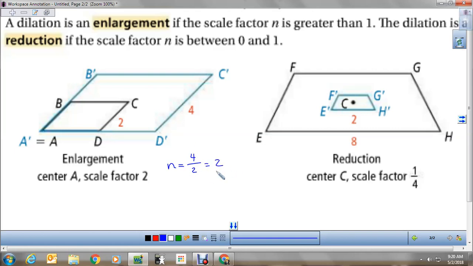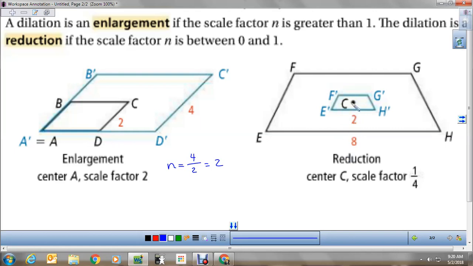This is an enlargement, and we've increased it by 2. Now, that's just one way to find the scale factor. We're taking corresponding sides. We could have also used the measurement from A to D prime over A to D if we knew those measurements.